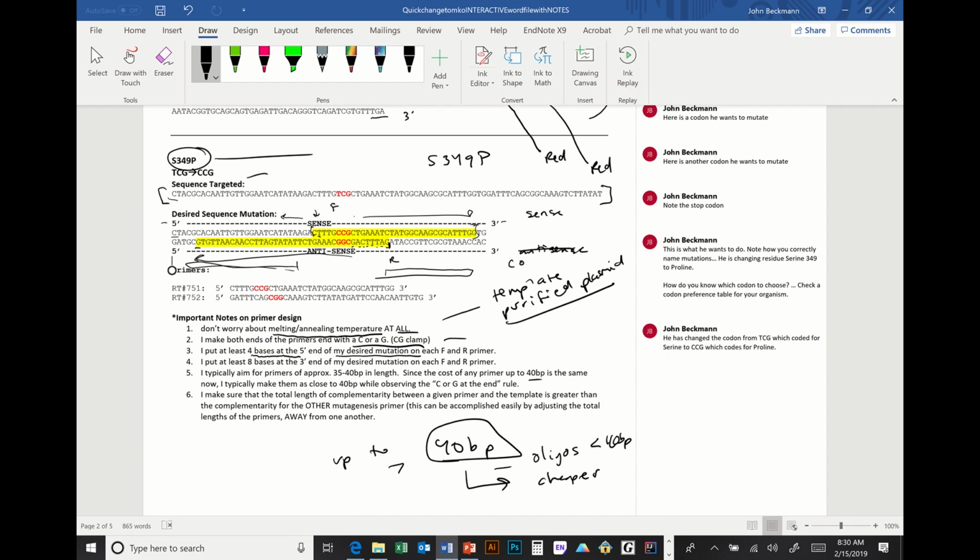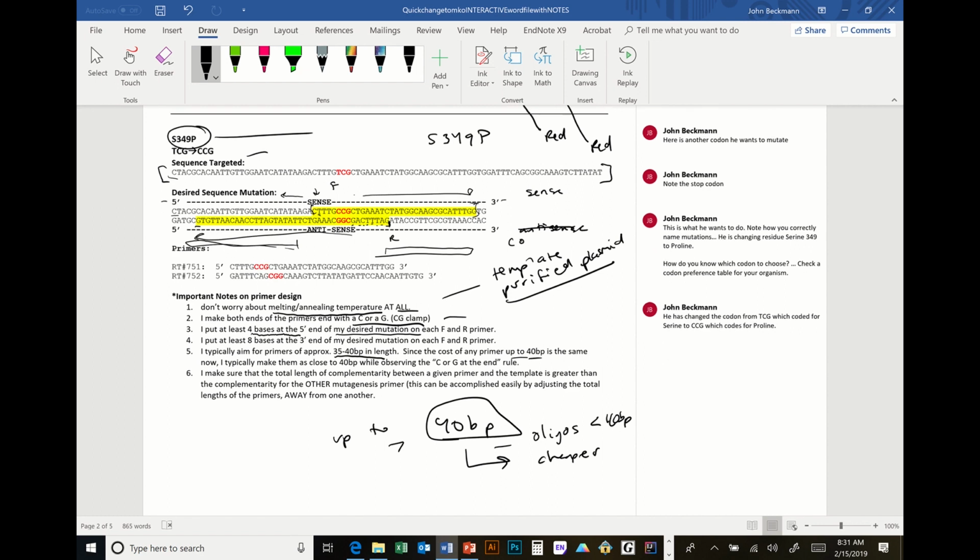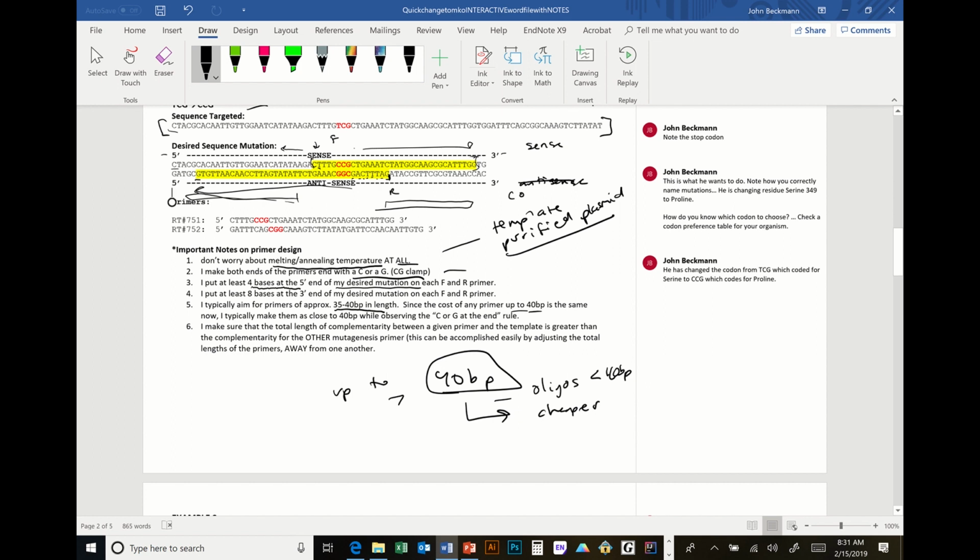So it's kind of just a cost efficiency thing. You don't go more than 40 base pairs because then you're shooting yourself in the foot with the cost. And you can go down to 35. Okay? So you just kind of want to find something within the range of 35 to 40 that gives you a CG clamp. Okay? And you don't worry about annealing. Okay, let's see. I usually always try to default to 40 base pairs, if possible.